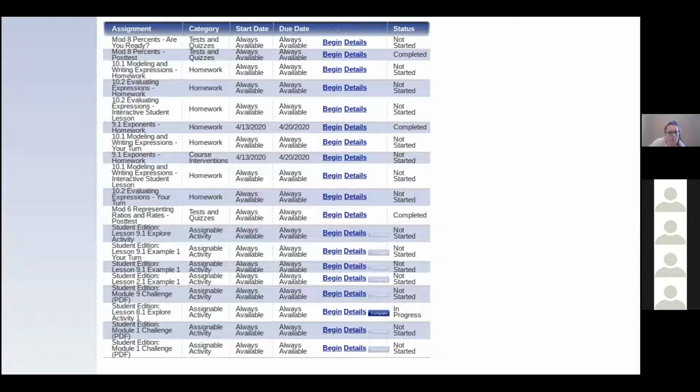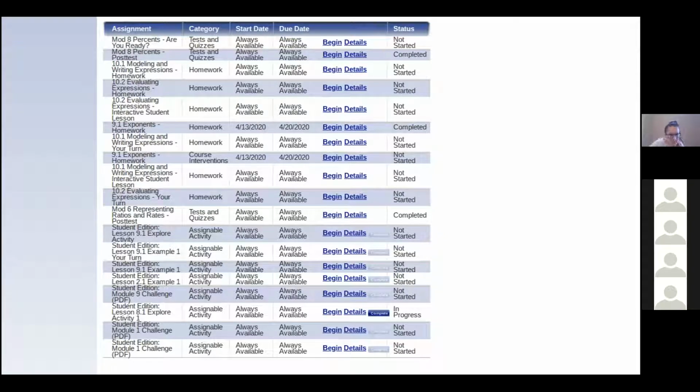The sixth one up where it says student edition 9-1 example 1. And then it says 9-1 example 1 your turn, and then 9-1 example explore activity. Yes, it's the sixth one from the bottom, lesson 9-1 example 1. Can you click that for us, sir?